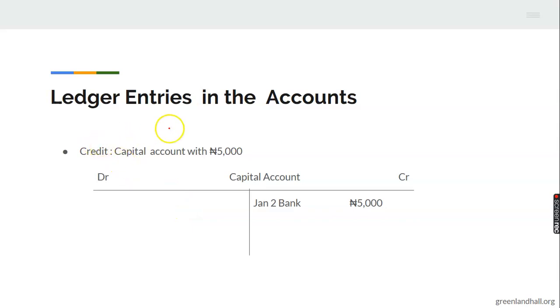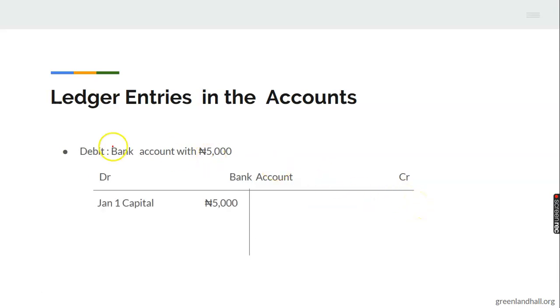So we are going to credit the capital account with 5,000 naira. Here is the capital account having been credited with 5,000 naira, which was given to the bank account, and then the bank account will be debited with 5,000 naira. So the bank account here has been debited with that 5,000 naira which was given to it by the capital account.